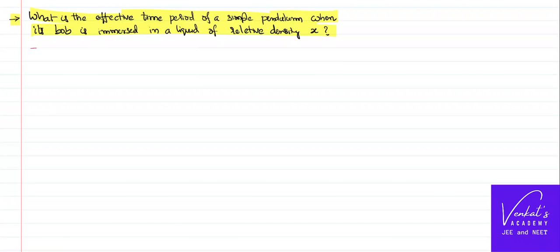First of all, a simple pendulum is a setup where there is a fixed rigid support to which a light and inextensible string is attached. At the bottom of that, a heavy point-sized mass is suspended, whose mass is equal to m. On this, due to acceleration due to gravity, the force, weight mg, is acting.